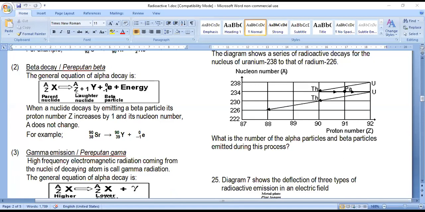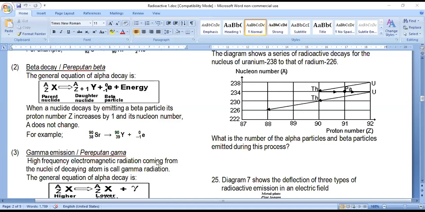That means Z plus 1 plus -1, you get back Z. But your nucleon number does not change. Example, strontium decays to become yttrium and emits a beta particle. Here is 38, so here is 39. 39 minus 1, you get back 38. 90 plus 0, you get back 90.